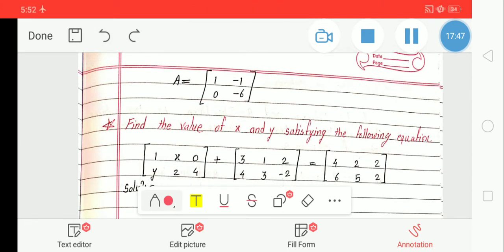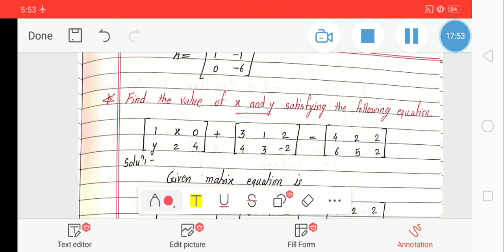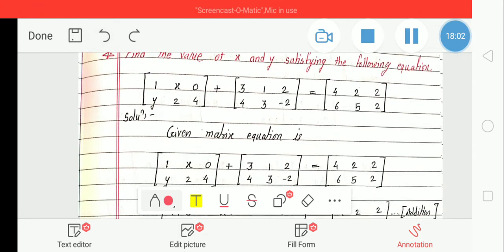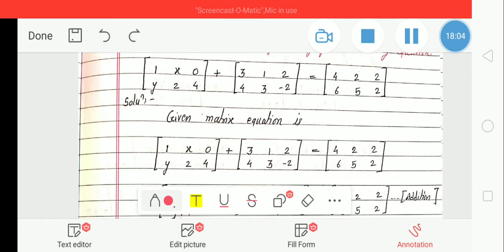Now find the value of x and y satisfying the following equation. We use this equation and find the value of x and y. Now solve. The given matrix equation is this, so we can write it as it is.